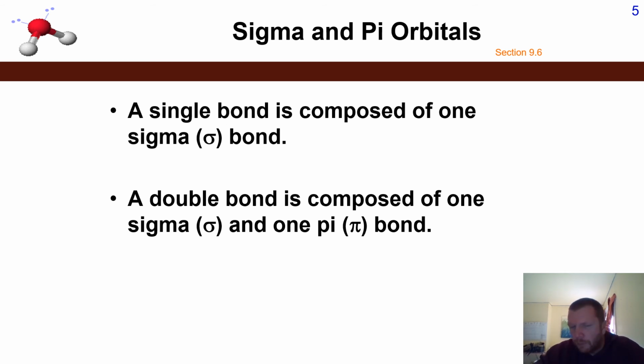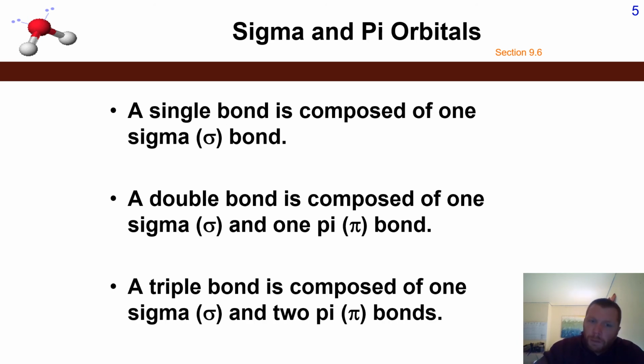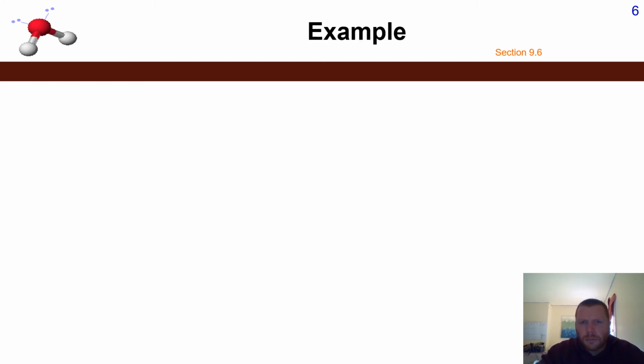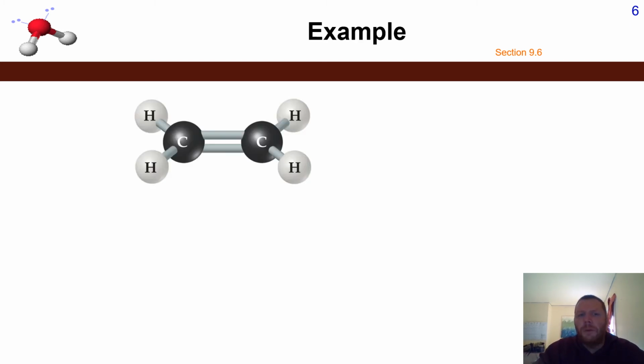Now, like I said previously, a pi bond is considered your second and your third bond. So what you could say is a triple bond is composed of one sigma bond and two pi bonds. So as an example, if we look at something like this, count the number of sigma bonds and count the number of pi bonds.